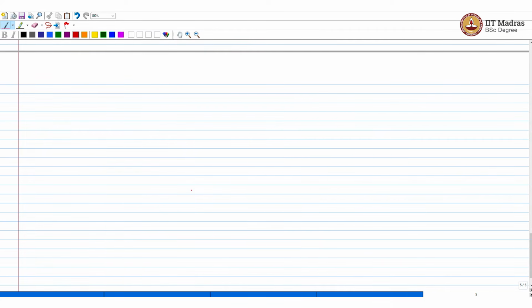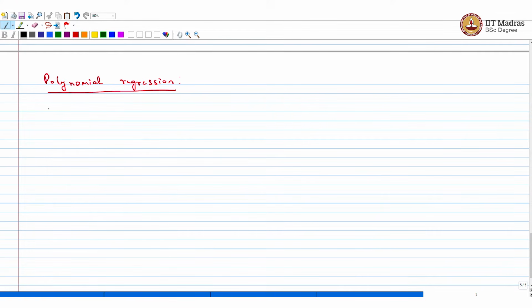The other topic I wanted to talk about is polynomial regression. We were looking at curve fitting with a line, and this is just a generalization.